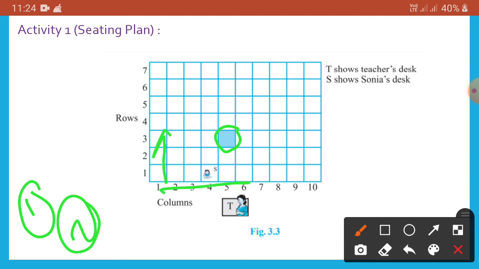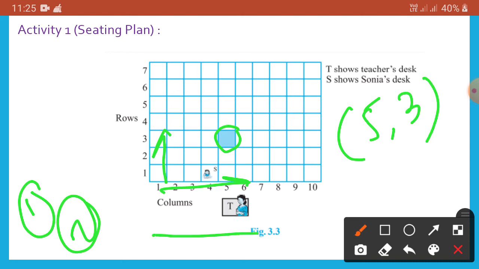Your position could be written as 5 and then 3. Columns are along the x-axis and rows are represented along the y-axis.